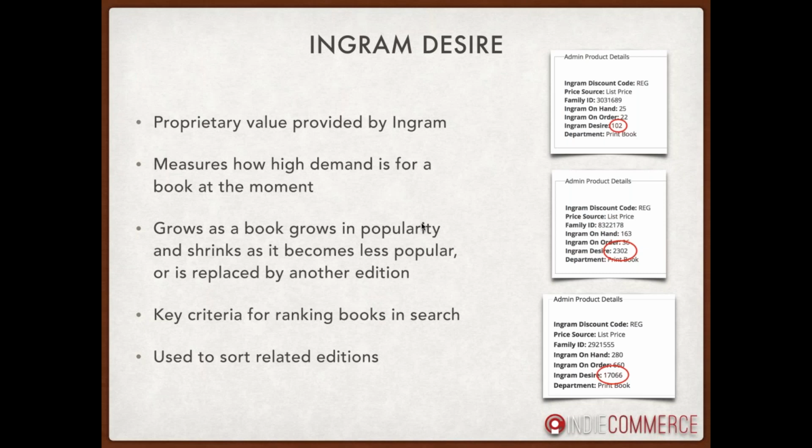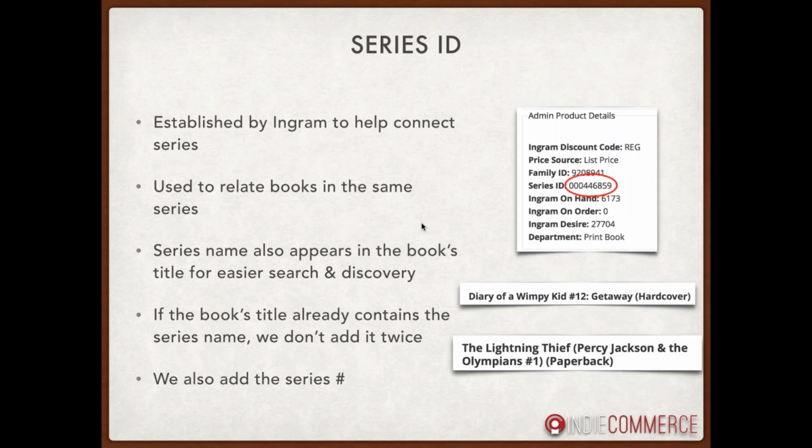The Ingram Desire metric looks at things like how many stores are ordering a book, as well as other secret sauce that they know about. And it really helps because it helps us anticipate which books are going to be in demand before they start actually selling. So this is a key criteria for ranking books in search. And we also use it for things like sorting related editions.